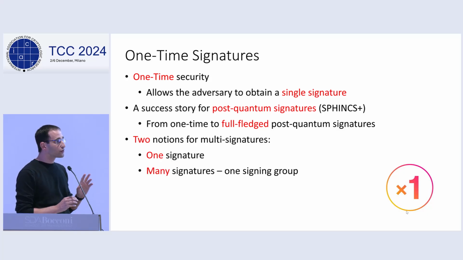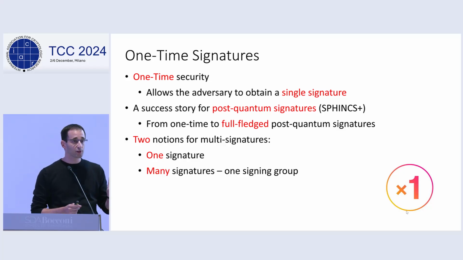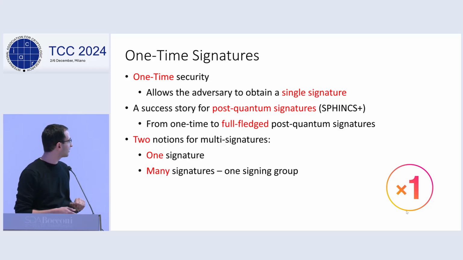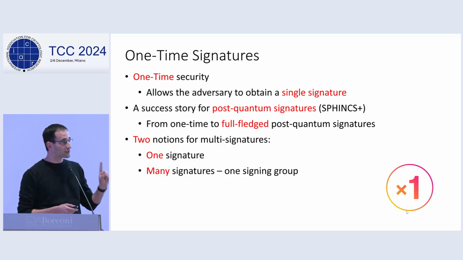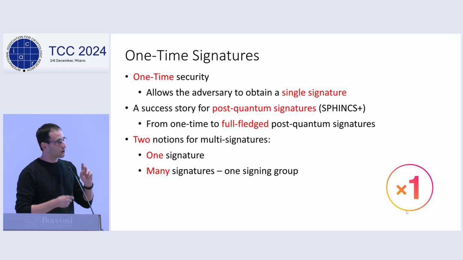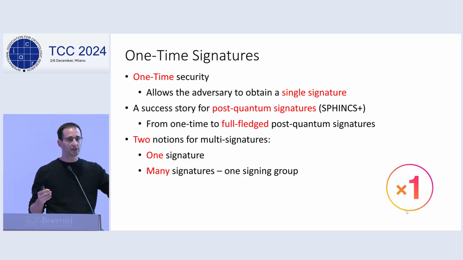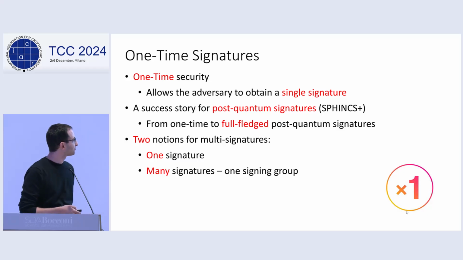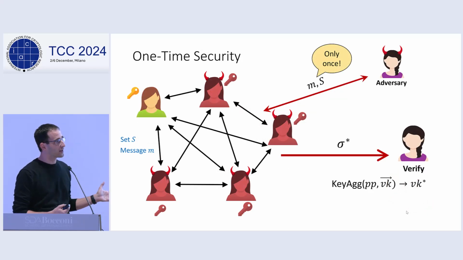And we have 2 different notions of one time, because here we have a multi-signature. The first one is just one signature. The second one is one group, but many signatures. So what is the one-time multisig?